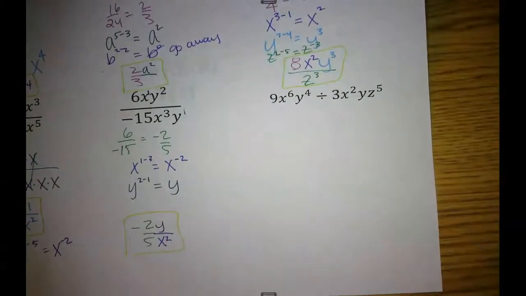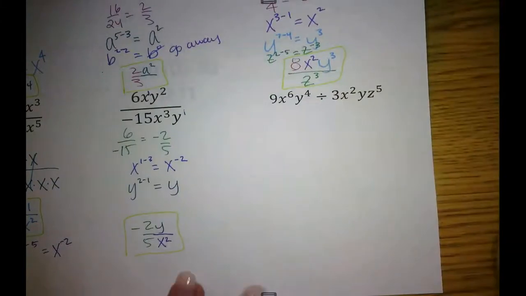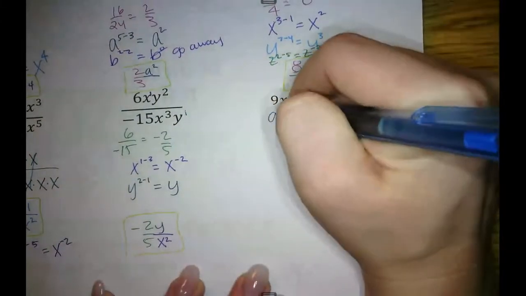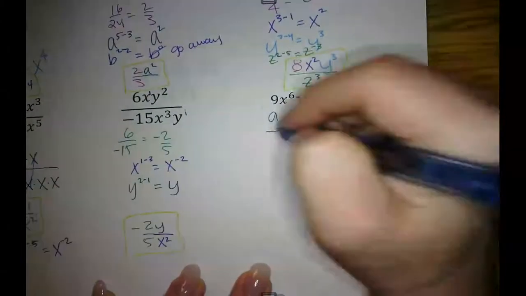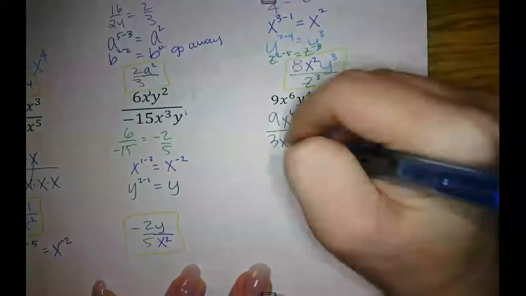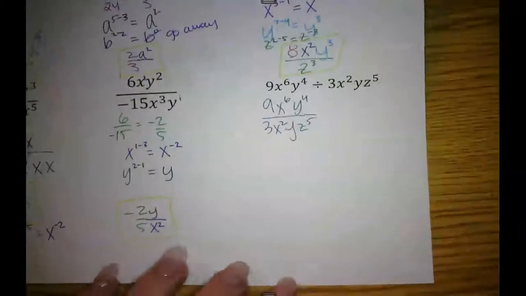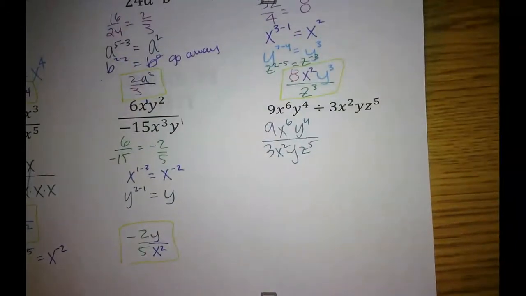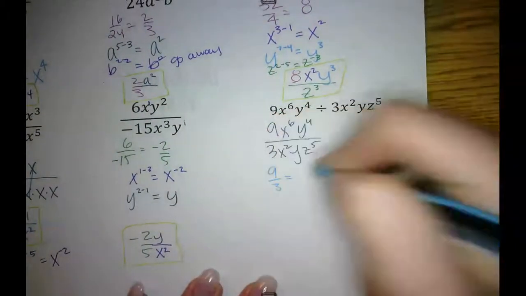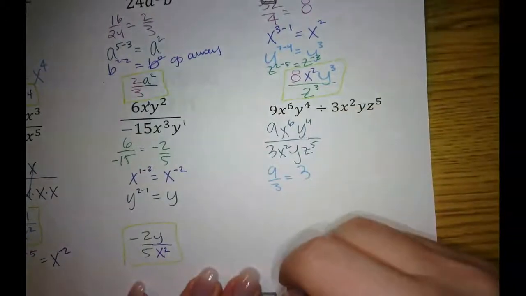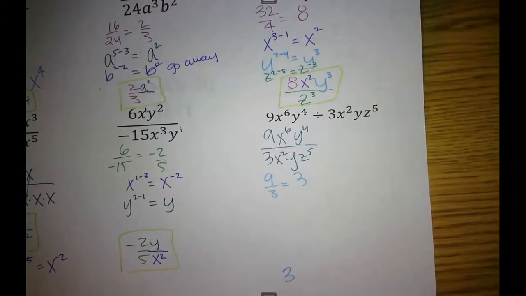All right, this one's written out like this so that you can see it in a different format. So this is the same thing: x to the 6th, y to the 4th, over 3x squared, y, z to the 5th on the bottom. And we just do the same process. 9 divided by 3 is 3. So in my answer, we've got 3.